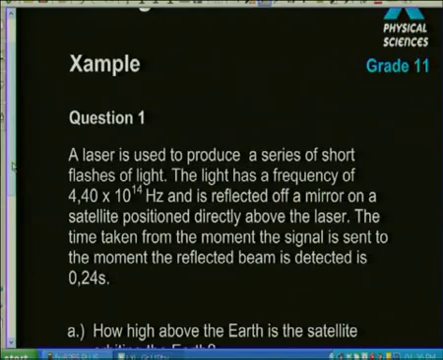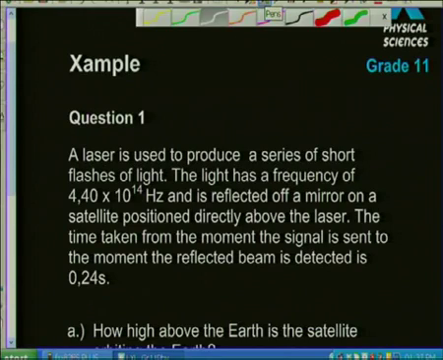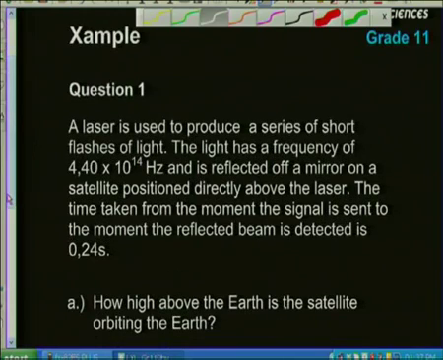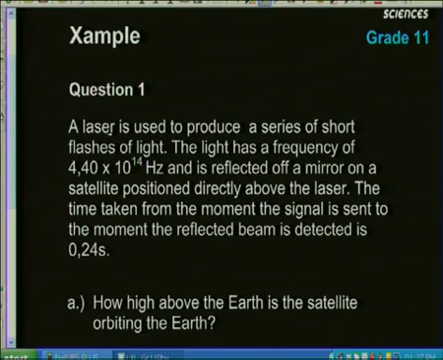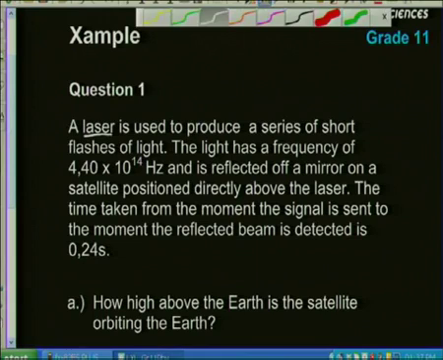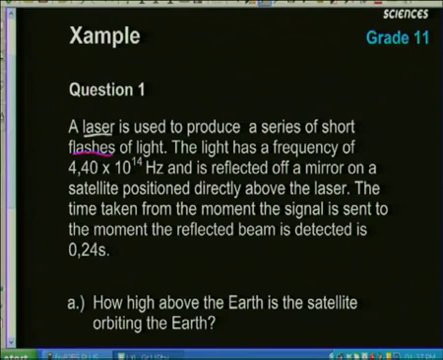Now let's move on and take a look at a question. This is an interesting question, and we're going to go through it as if we were going through an exam question. It says, a laser light is used to produce a series of short flashes of light. So first of all, we recognize that we've got a laser. Laser just means that it's of one frequency, nothing more than that, and it's got a series of flashes. No real critical information up until this point, but let's move on.